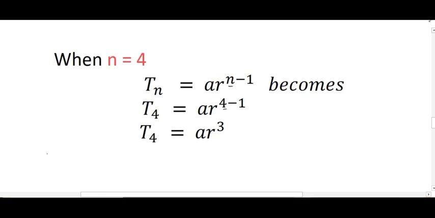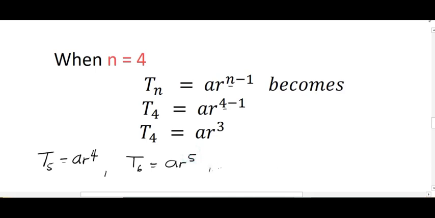Meaning that if you want the fifth term, it will be ar to the power of 4. If you want the sixth term, that is ar to the power of 5.